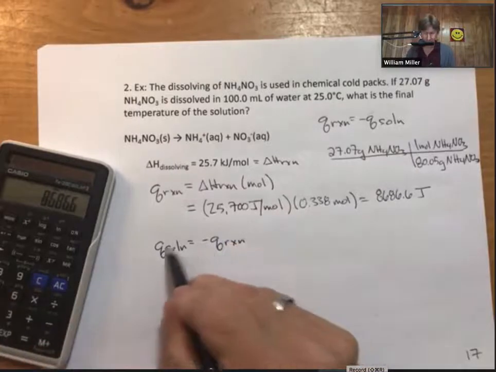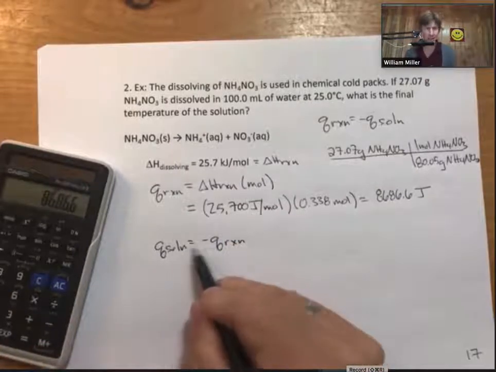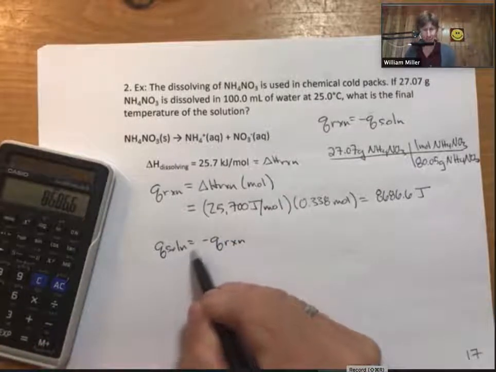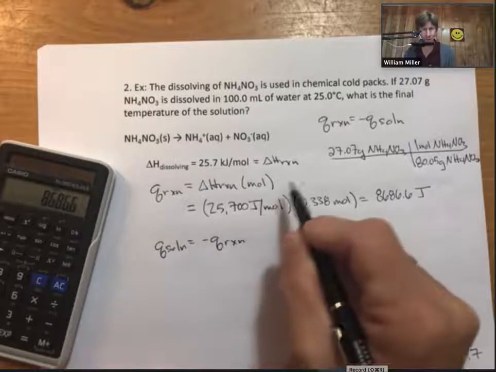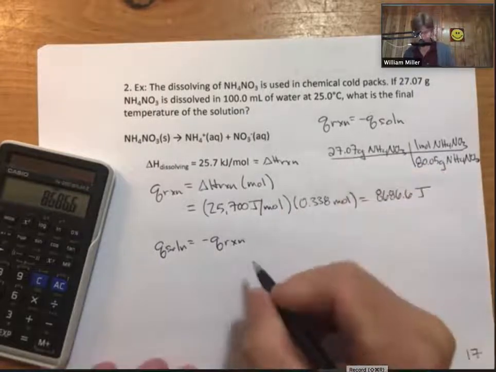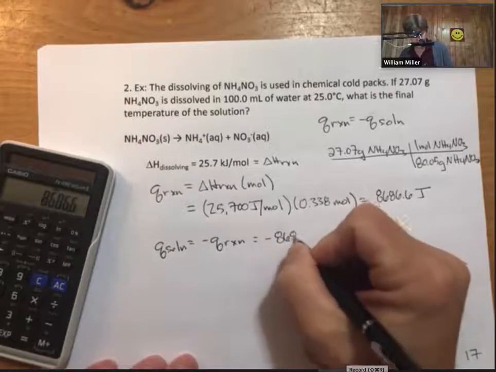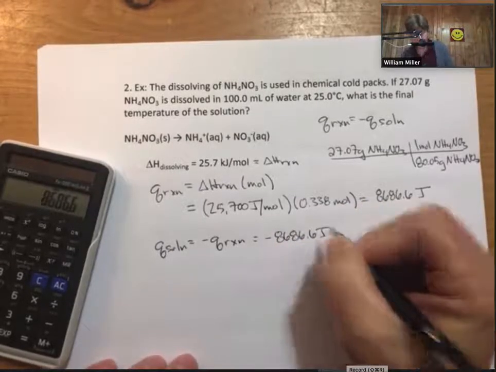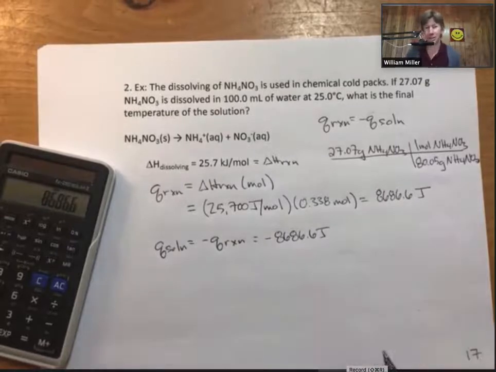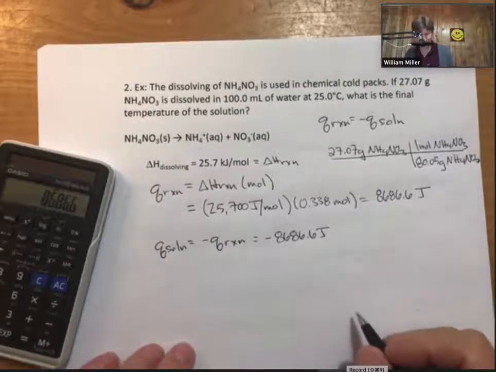As long as there's a minus sign in here, as long as it changes sign going from reaction to solution, either version of this is fine. And again, I'm just going to keep all my sig figs for now. Always round my final answer to 3 sig figs.